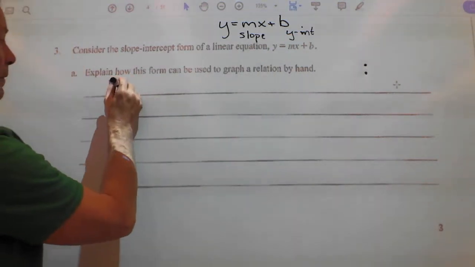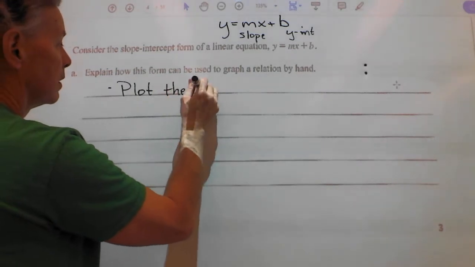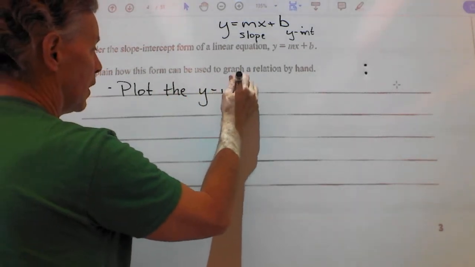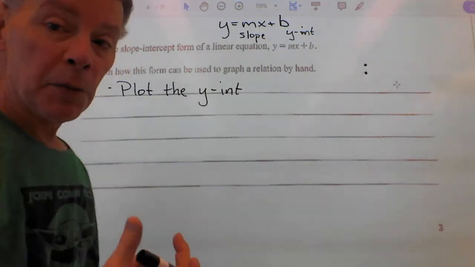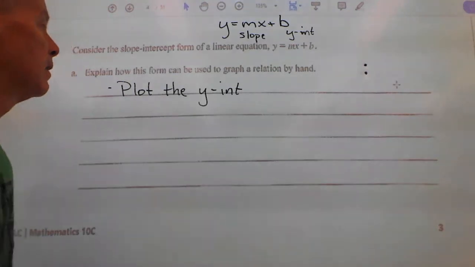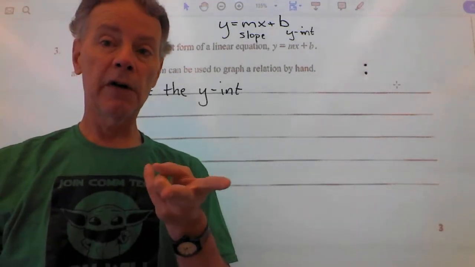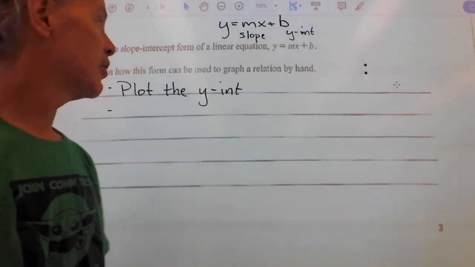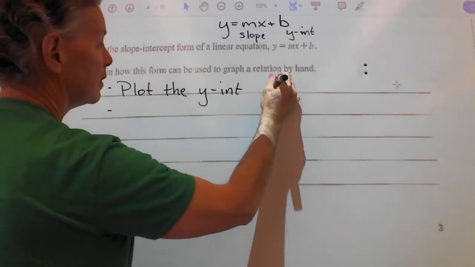So we can plot the y-intercept, b, and that will give us a point, okay? And then, to get a second point, and remember you only ever need 2 points to graph a linear relation. So you plot the y-intercept, that gives you 1 point.